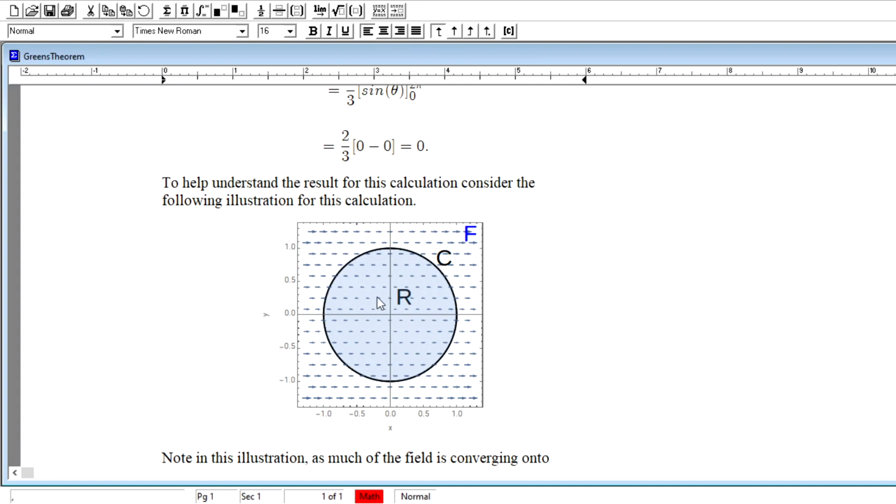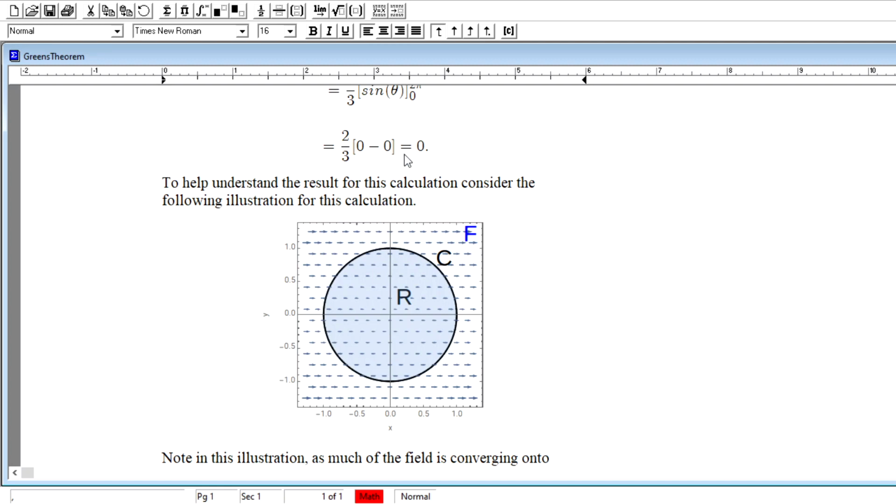That balanced divergence across this region R is what we're using to describe the outward flux on this circulation of C, that motion across the boundary orthogonal to that boundary of C. And the amount we have moving orthogonal to that boundary is balanced across this entire circular boundary. The amount moving out on the right-hand side is balanced by the amount that's moving in on the left.